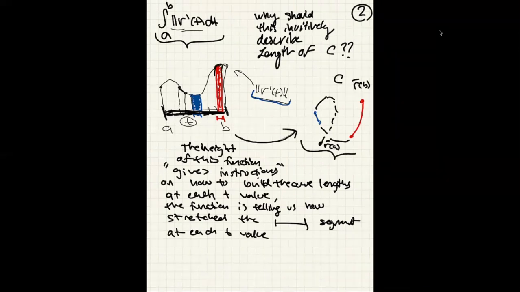If you wanted a set of instructions on how to bend it, this function is telling you explicitly, at each piece, how much to stretch the plastic. Maybe that's not the best way to say it, but it's telling you how to stretch the curve around, is all I mean. This is all loosey-goosey. I'm just trying to give a feel, and maybe things will make more sense after this example.